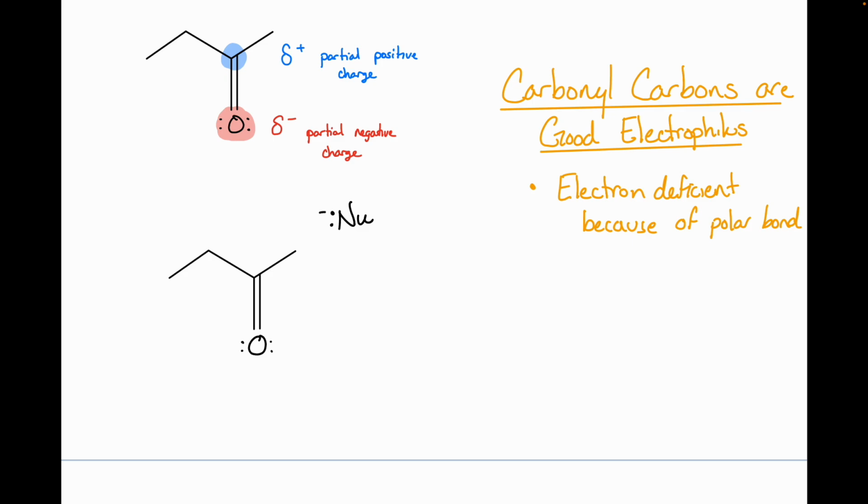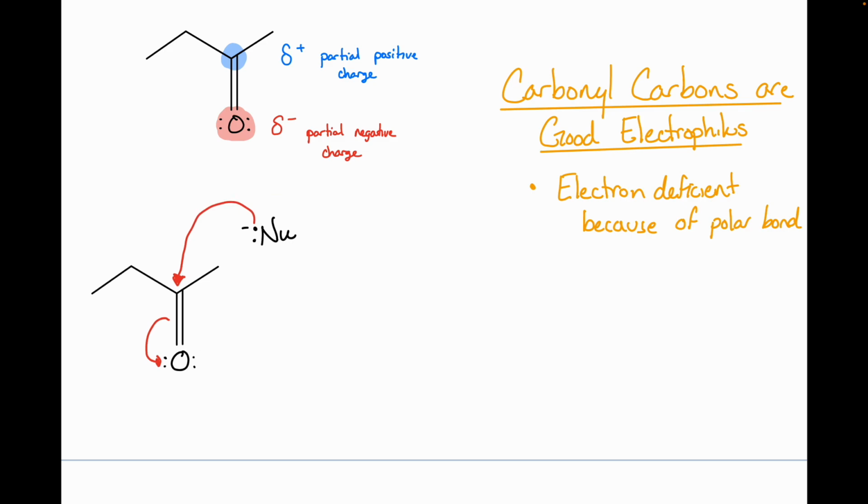Well, when that nucleophile attacks that carbonyl carbon, if we just stop there, carbon would have too many electrons, right? We'd be breaking carbon's octet rule. So the other reason why this carbon is so good at accepting electrons is because it can break this pi bond, and that oxygen, being so electronegative, is more than happy to accept that pair of electrons.